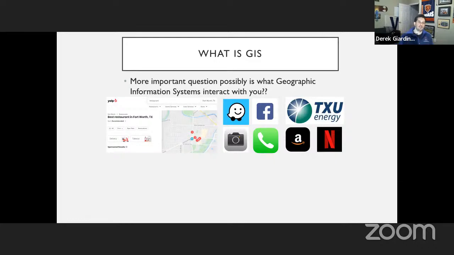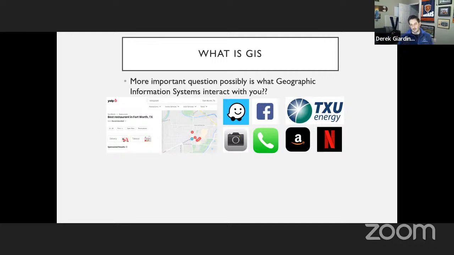You are giving them a geolocated rating for whatever restaurant, and it goes into their GIS system. When you drive, that Waze system actually uses your geolocation. Facebook is using geolocation services even when you try to turn it off, just to get metadata from where you're at. Geolocated photography, this way you know where you took your photos. Phones, when they try to find the service.